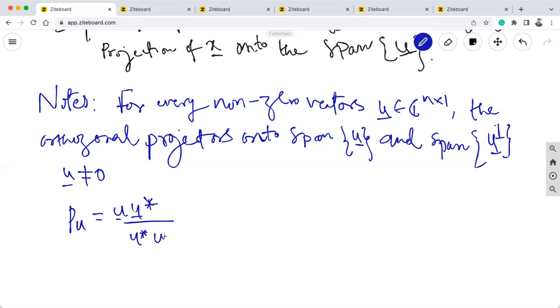Similarly, in the span of u perp, the projector will be just I minus P u, which equals I minus u u star divided by u star u, meaning the outer product divided by the inner product of the vectors.